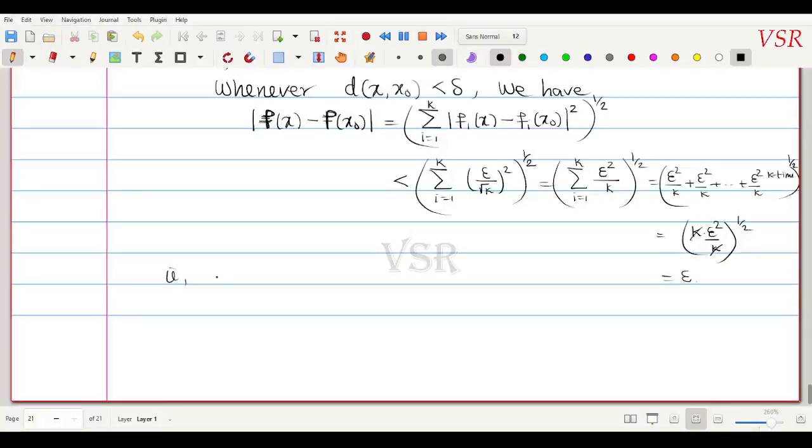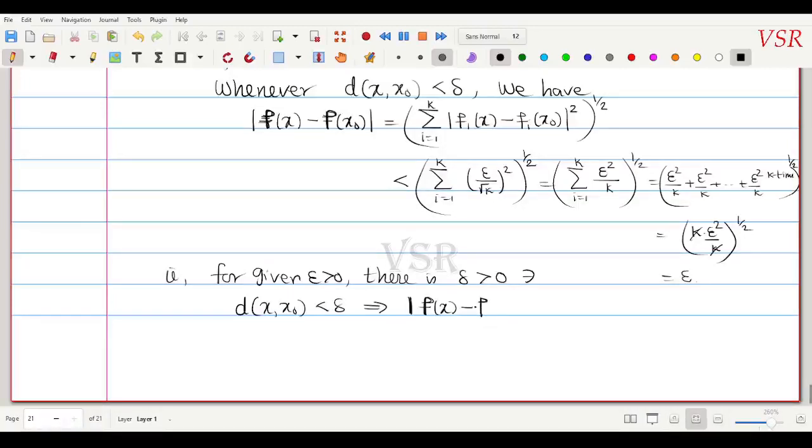For the given epsilon positive, there is a delta positive such that whenever the distance between x and x naught is less than delta, we will have the norm of f of x minus f of x naught less than epsilon.